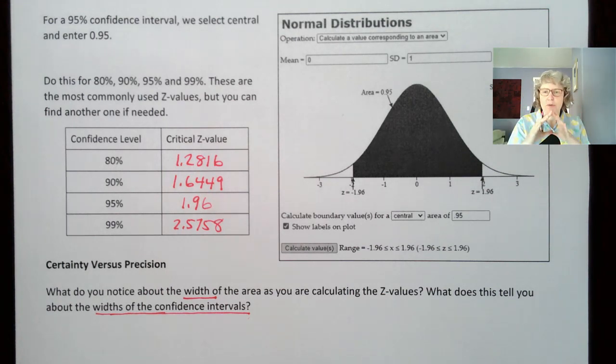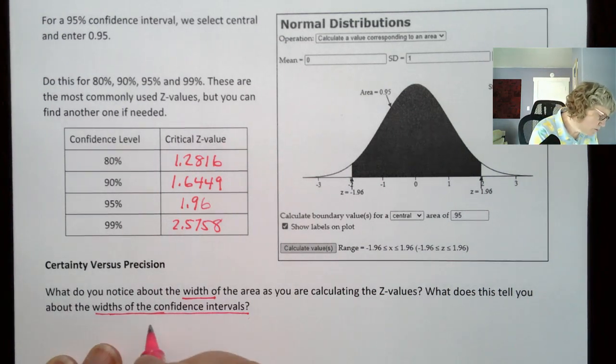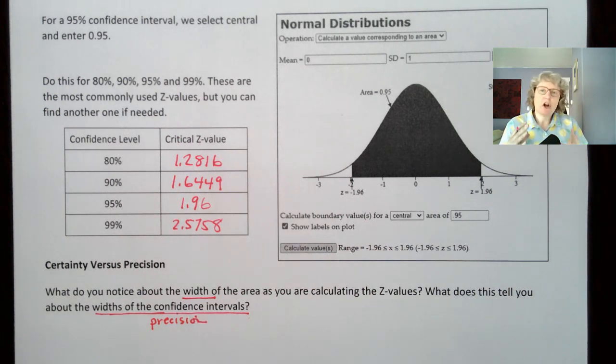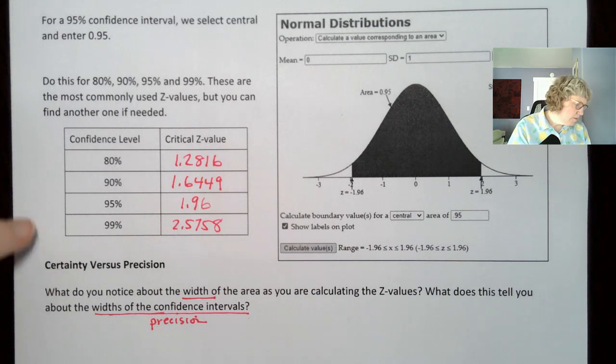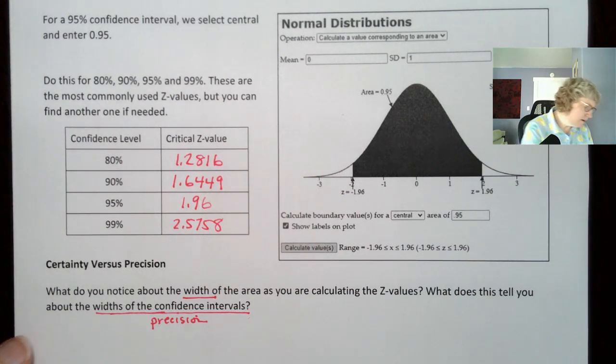We saw that when we had a larger area, we had to go out more standard errors, right? Okay, so the width is called the precision. How precise are we? So narrower is more precise because it's a smaller interval. Wider is less precise. And then the certainty is the confidence level.